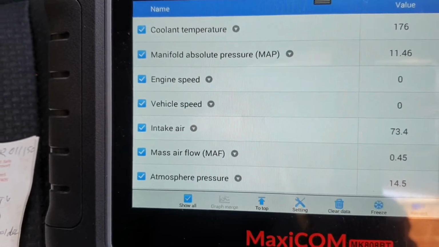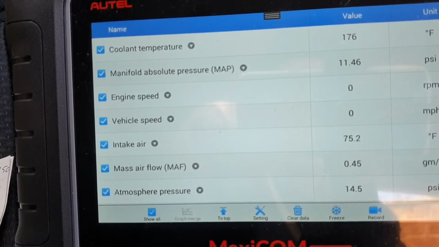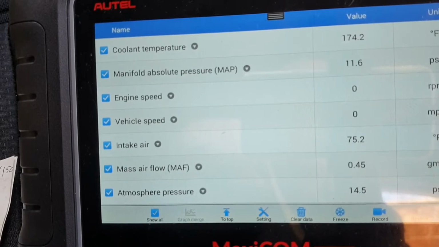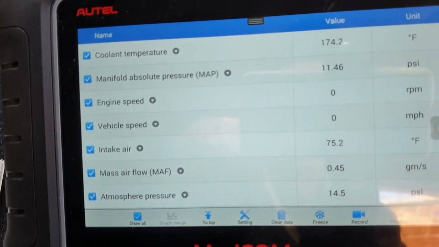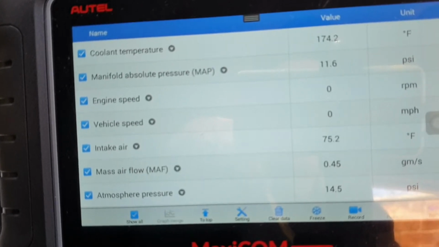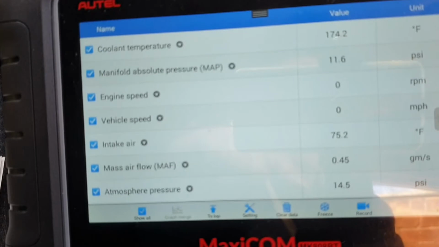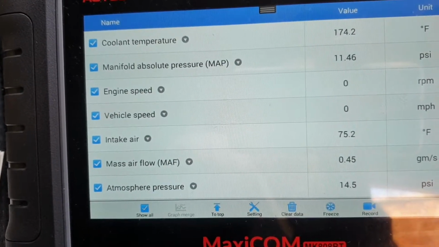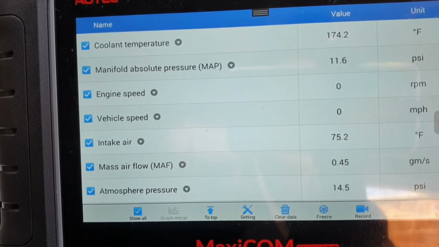Right now it is 11.6 psi, engine speed is 0, vehicle speed is 0, intake air temperature is 75.2 Fahrenheit, but I'm not sure how many degrees Celsius this is going to be.